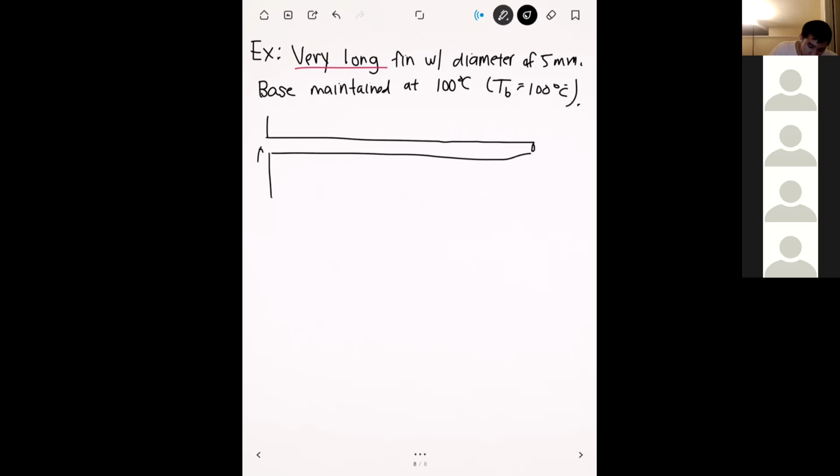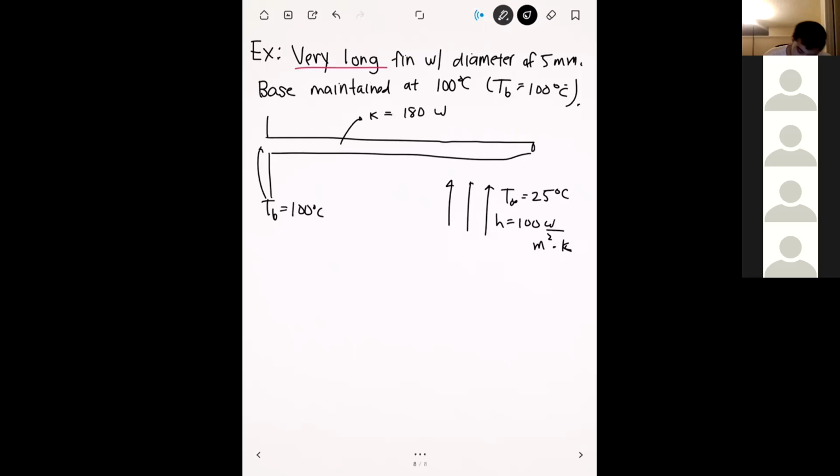We know that Tb here is 100 degrees C. This fin is going to be cooled by air, and this air has a temperature of 25 degrees C. The convection coefficient here is 100 watts per meter squared K. We're going to assume that the rod, or the fin, is made of aluminum, so the thermal conductivity is 180 watts per meter Kelvin.